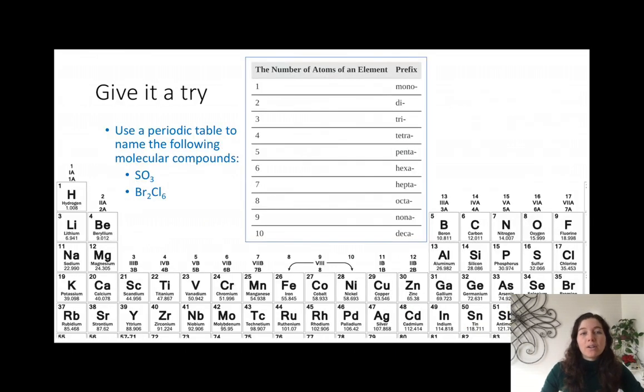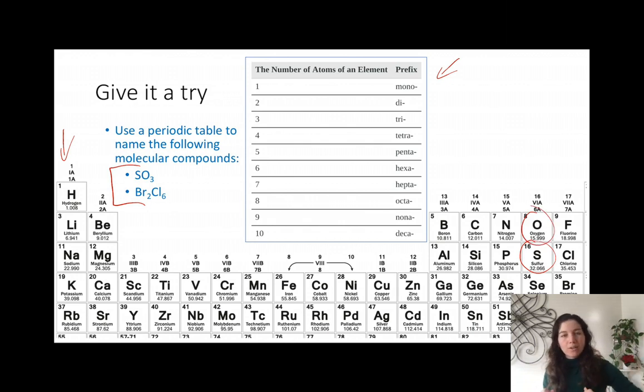So give this a try on your own. See if you can use this periodic table down here and these prefixes here in order to name the following two molecular compounds. So let's look at the answer to this one. Our sulfur is our S, so it's here on the periodic table. O is oxygen, it's right here. So you've got sulfur and oxygen.